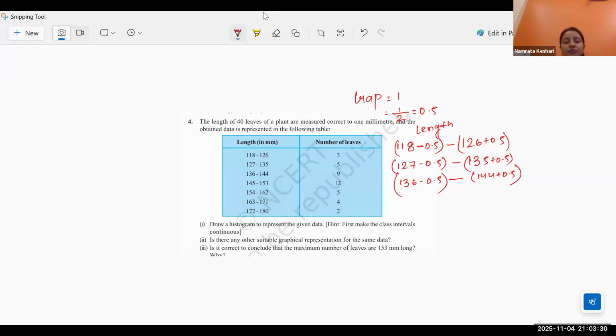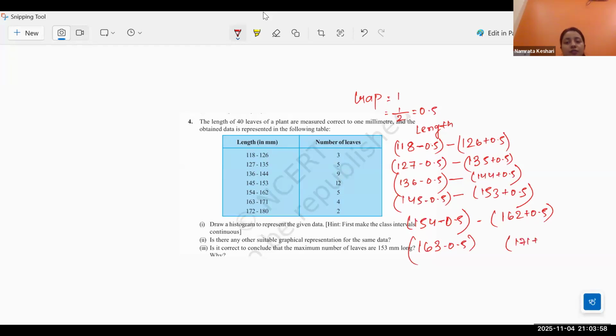Similarly, 145 minus 0.5, and in the upper limit 153 plus 0.5. You can do this step directly as well if you are understanding. Minus 0.5, and in the upper limit 162 plus 0.5. The lower limit 163 minus 0.5, and in the upper limit 171 plus 0.5.